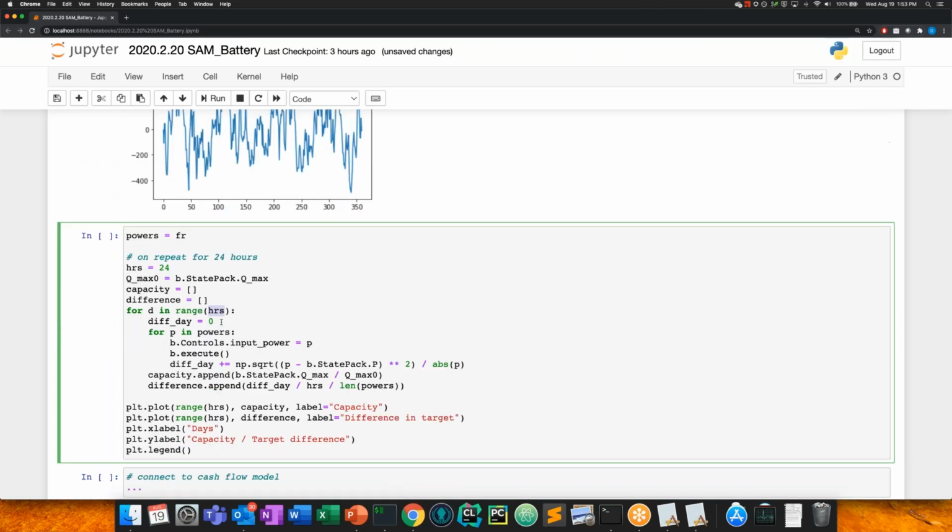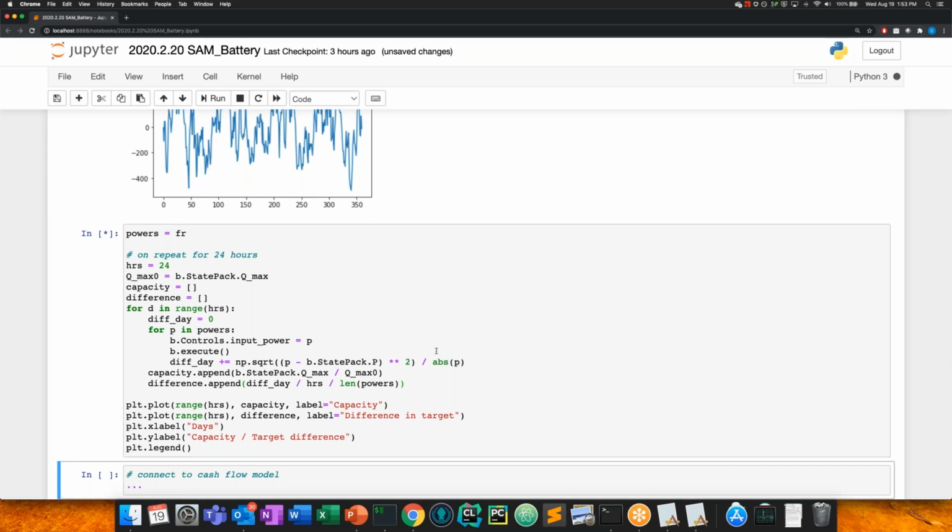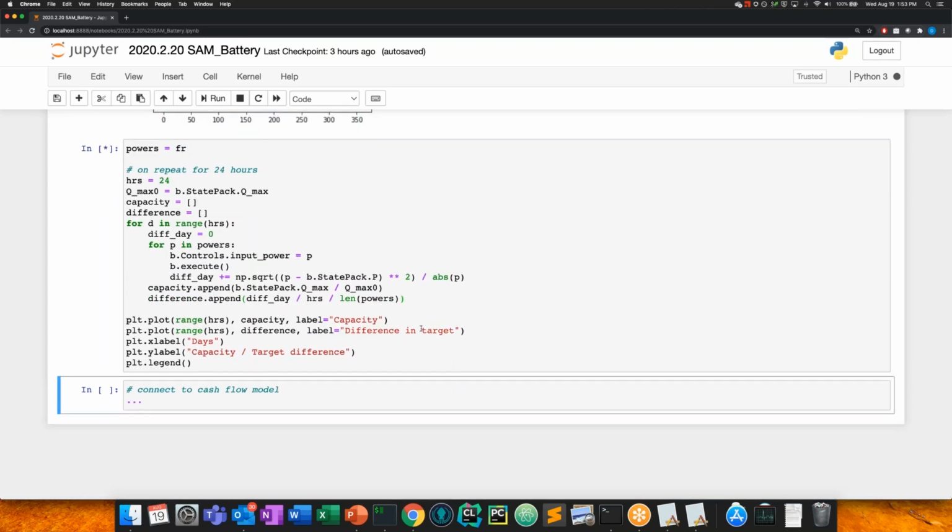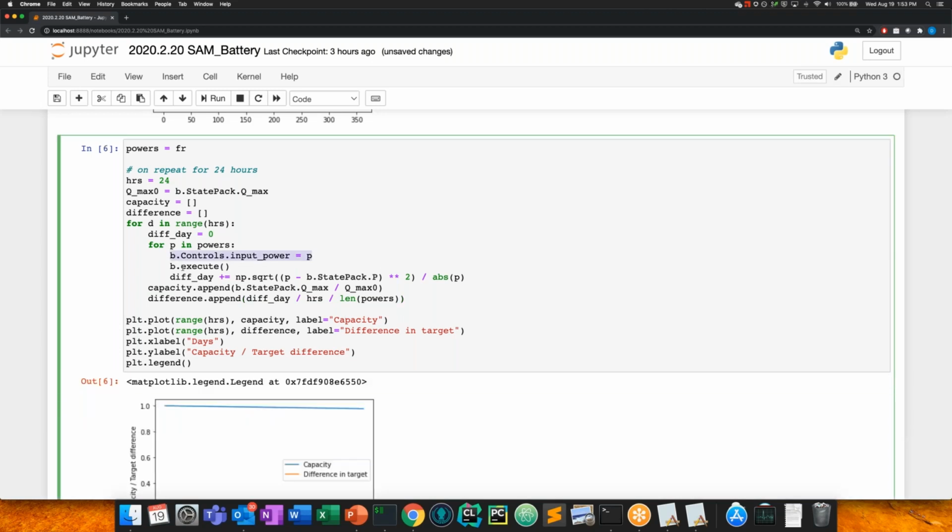I'm going to look at what the capacity is over these 24 hours, as well as the difference between what the signal would like the battery to do and what the battery can actually do, and normalize that by all of my time steps. So when we run this, it will set the input power at every time step and do the execution.